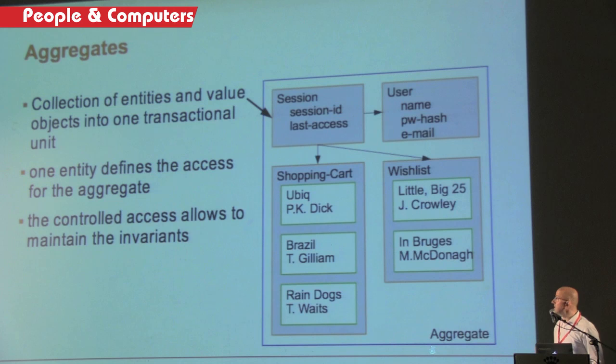There must be one entity, in this case the session, that defines the access to the whole aggregate and points to the other objects that make up the aggregate, and it controls how you can access the other objects, and thereby also controls that certain invariants are upheld. For example, in this case, if something is moved into the shopping cart, it's at the same time removed from the wish list, or whatever.